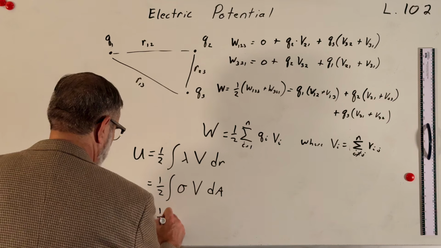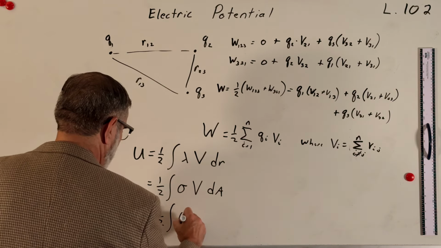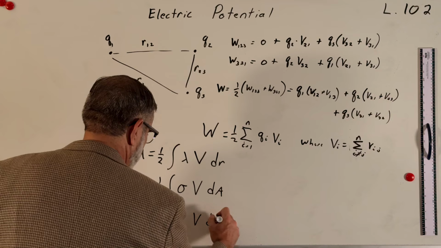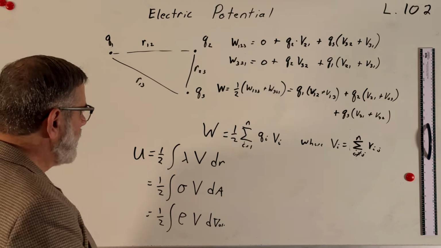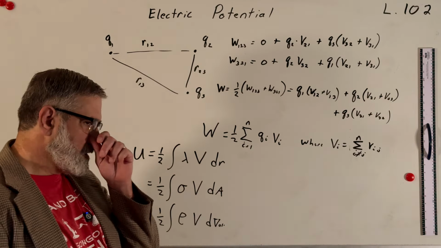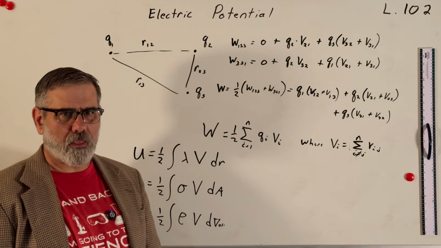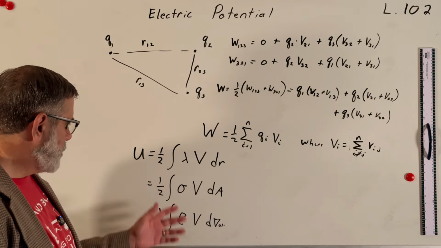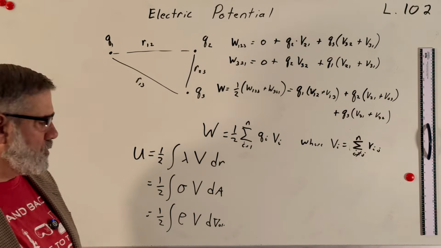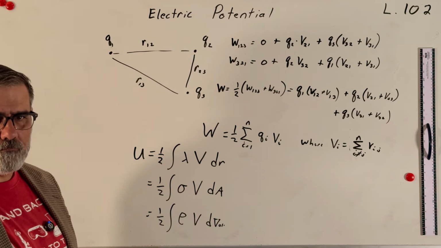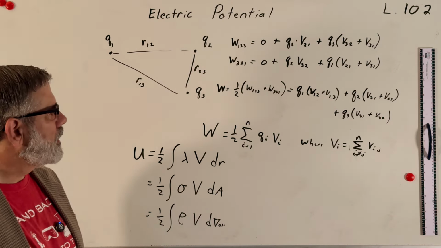But also in terms of volume. So the integral of rho times the potential times dV, where V is the volume. I'll write it like that. Okay? So there are those variations of it as well. We're not going to do any problems of that nature, I think. But I'll just put it out there that you can, of course, use this formula for continuous charge distributions as well. But I'm not going to put any in the homework. So, I think that's it.